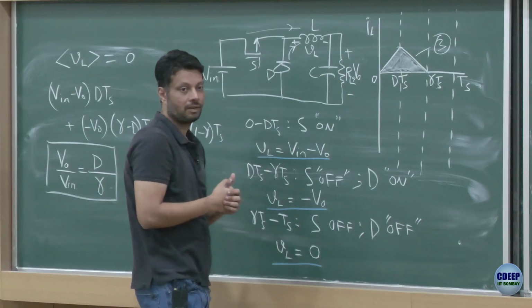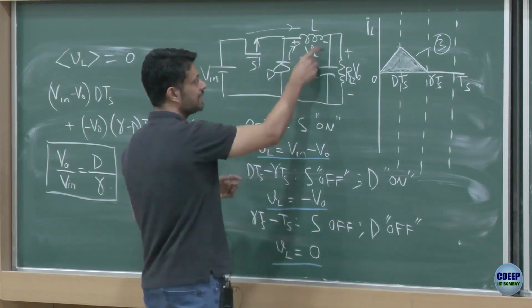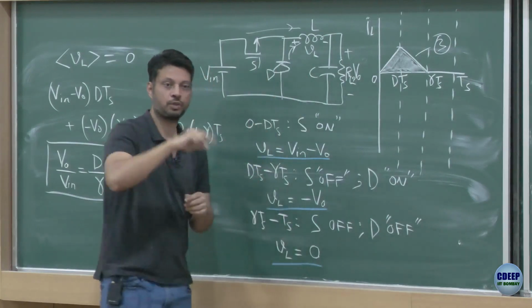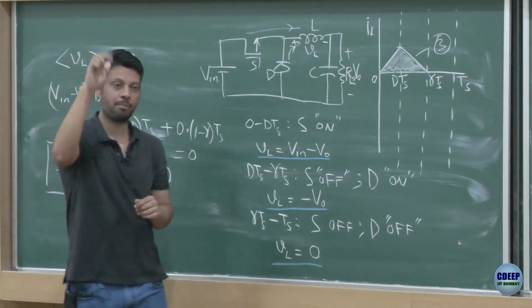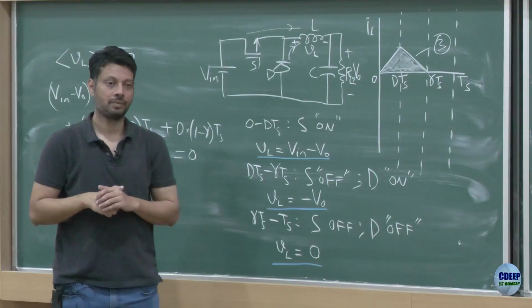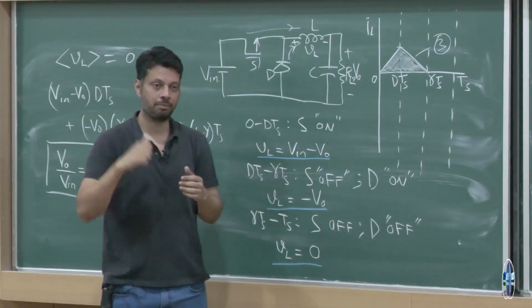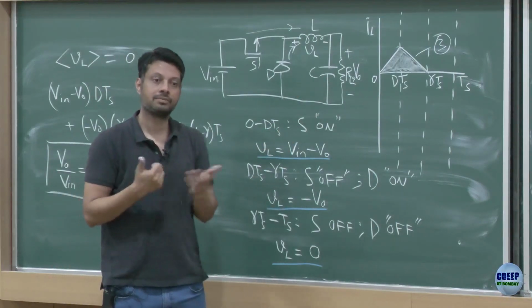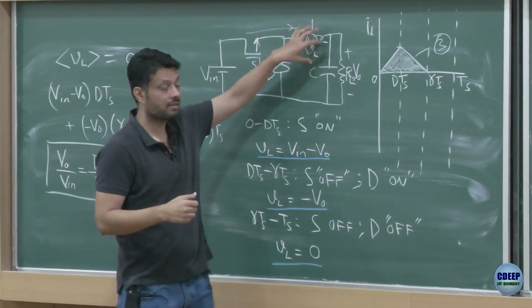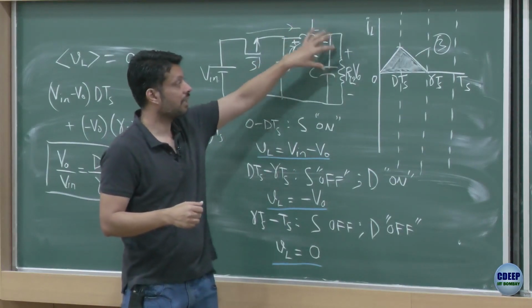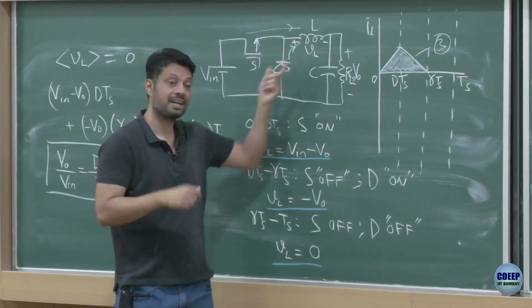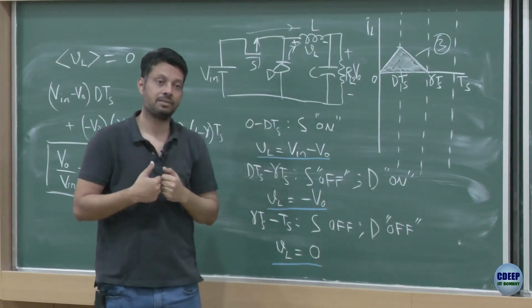Assume instead of this inductor you had a current source which was a square wave, 10 ampere and 0 ampere, and the load is of course average 5 ampere. Still you can do the ripple of this flowing into this, with the average value 5 ampere flowing into the load, even though this current is 0 for some time.